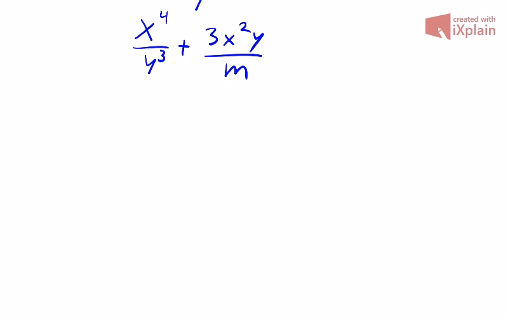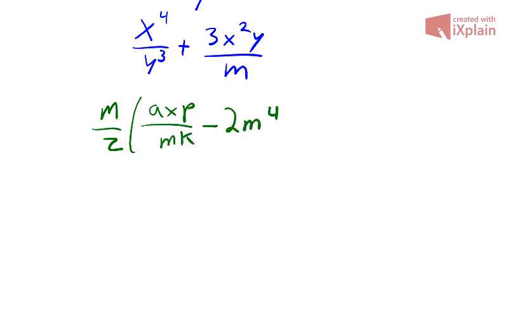So the problem I would like to try here, let's do this in a nice green color, is going to be m over z times axp over mk minus 2 m to the fourth p to the fourth. Awesome. And we're also going to distribute this. So I'm going to take this right here, and we're going to distribute it to this first term inside of our parentheses.